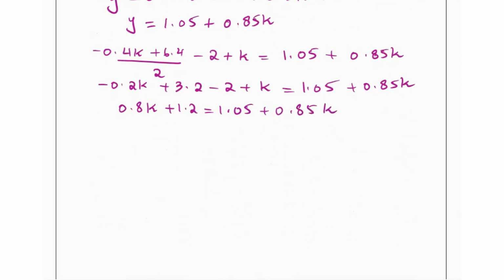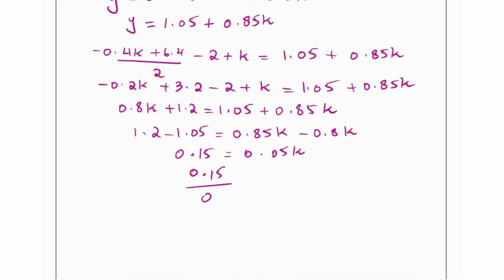Collect the like terms on each side, and what we get is k equals 3. That is your value of k.